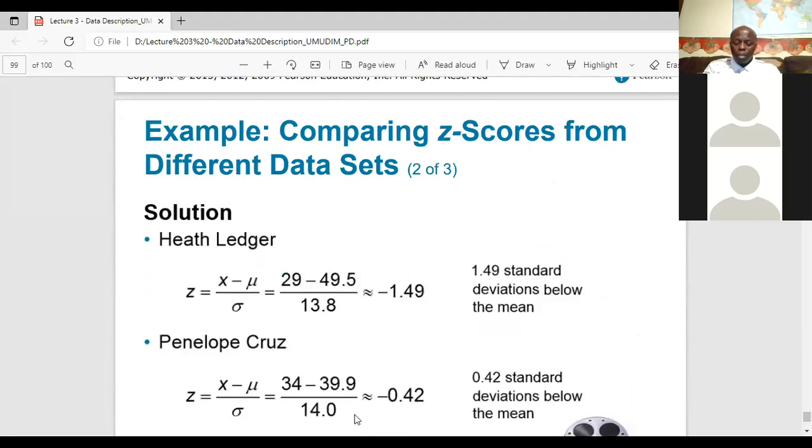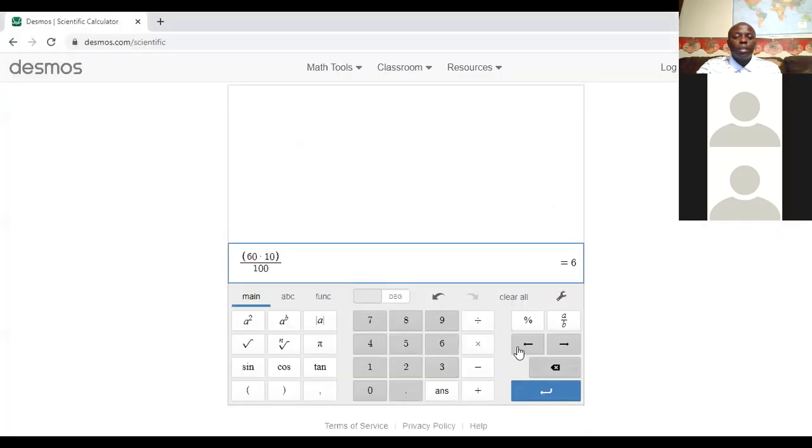So write it down: 29 minus 49.5, divided by 13.8. Now you can put it in the calculator. We get negative 1.4855, which is negative 1.49.